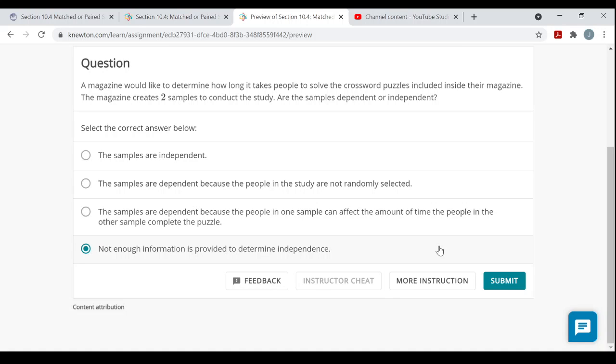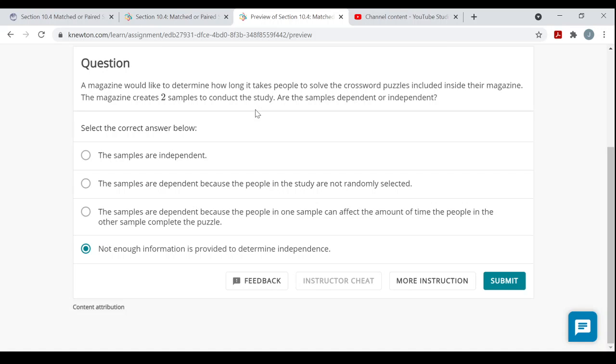Now again, if they actually described how they took the samples, what they consisted of, and how they conducted the study, then I could tell. Do these samples affect each other or not? If they affect each other or have some sort of link, then they'd be dependent.